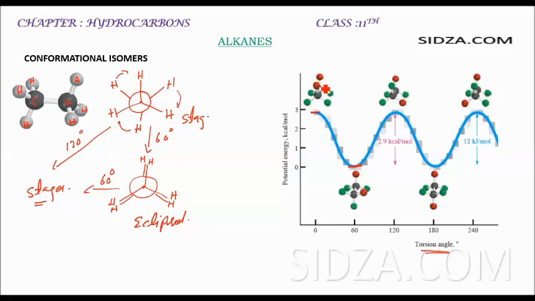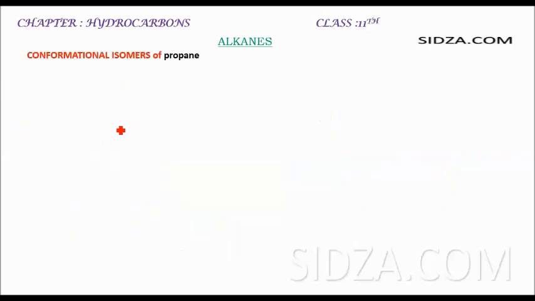Here the torsional angle is 0. That means if you have two carbon atoms and they are under eclipsing, the dihedral angle or the torsional angle is 0.